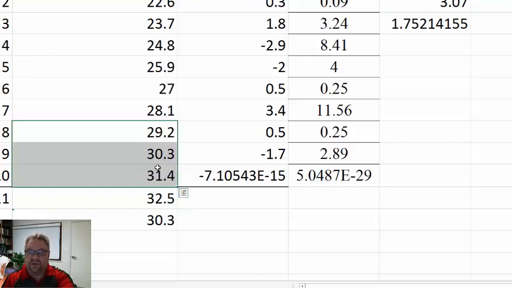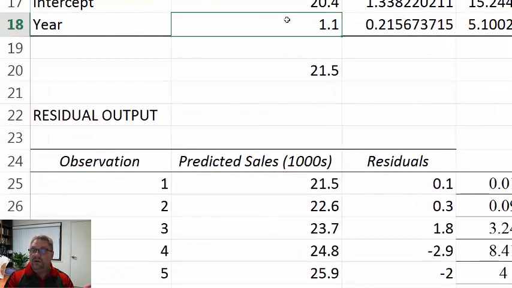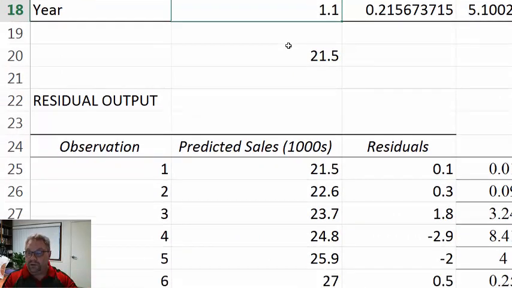Now you can see that the trend is there, and the moving average, in a sense, is picking up the trend, but you're taking into account something that happened 3 time periods ago, right? Our trend is 1.1, so if you multiply that by 3, you get 3.3, so you would take this number and add 3.3 to it.